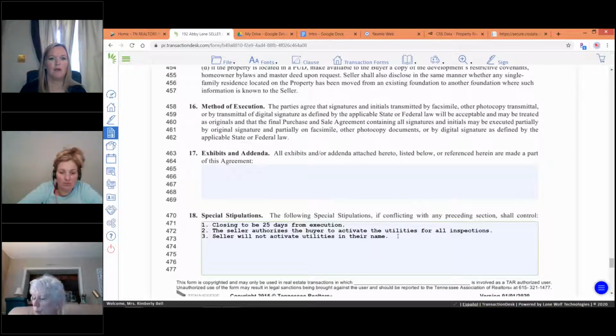Maybe if it's just a normal thing, we want the seller to pay closing cost. You have to put that in there if you've already put it under the, I do already, because people don't read. Okay.